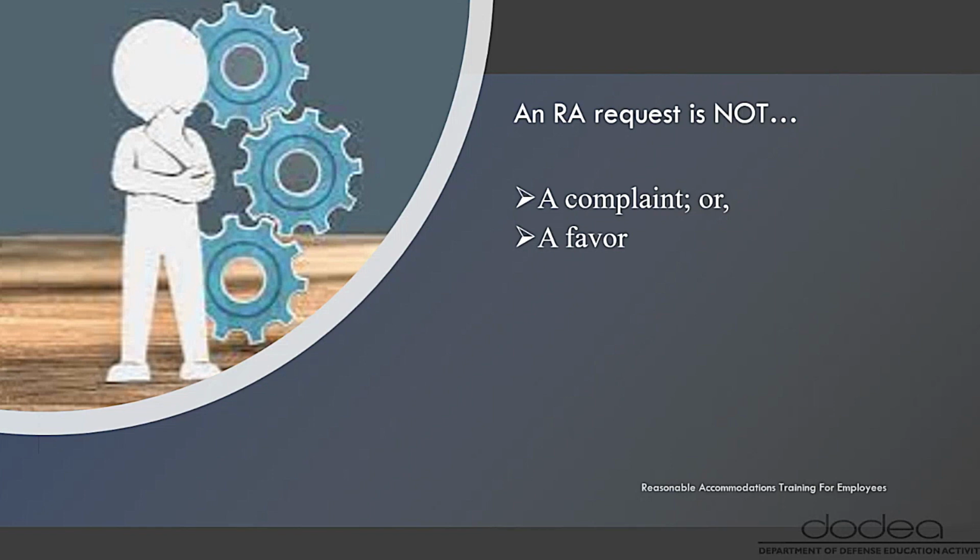Okay, we're going to talk a little bit about what a reasonable accommodation is and what a reasonable accommodation is not. A reasonable accommodation is not a favor or a complaint. It is written into the law. The first reasonable accommodation law is the Rehab Act of 1973, and that was followed up by a couple other laws.